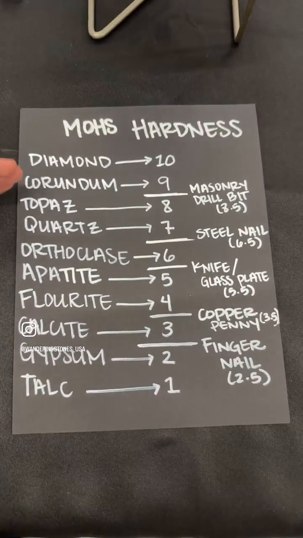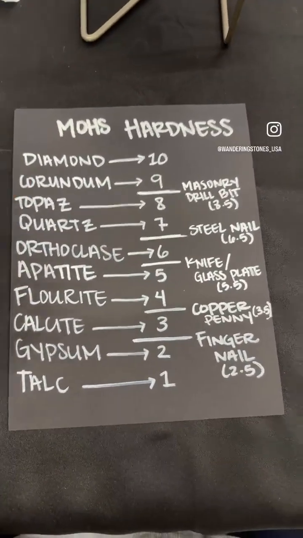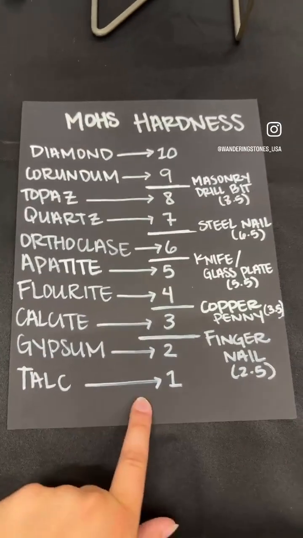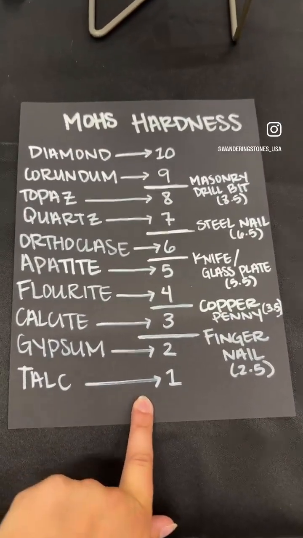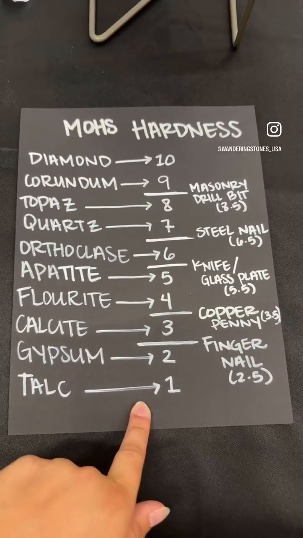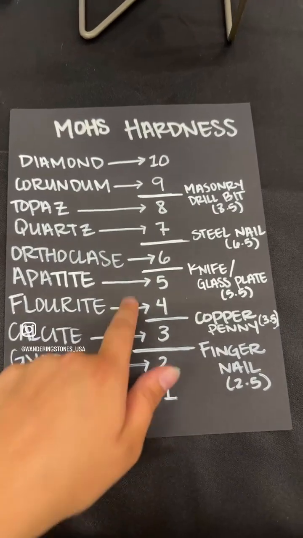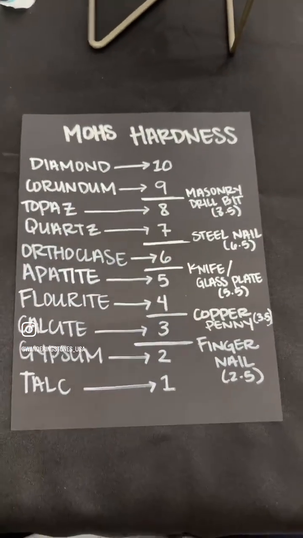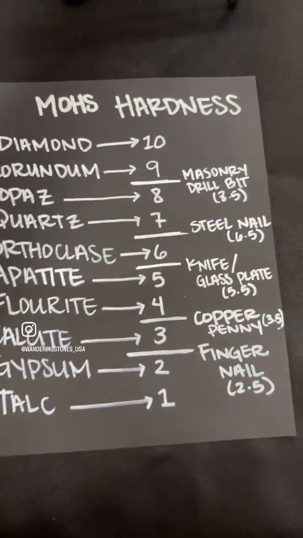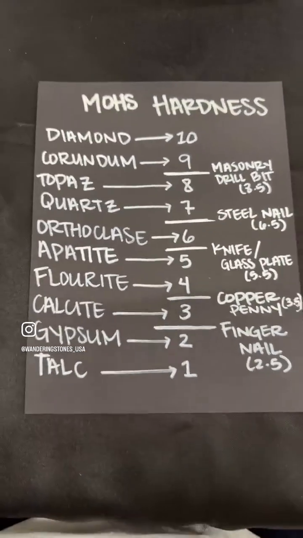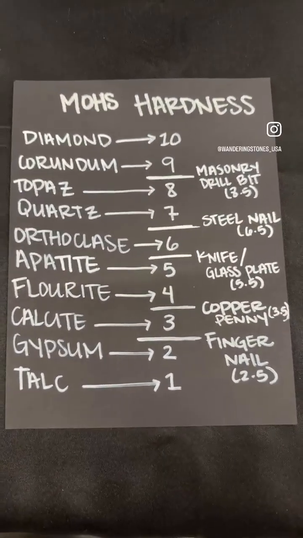A fun fact about Mohs hardness is that it's actually a logarithmic scale, which means it increases tenfold with every single level. If you're familiar with seismographs or earthquakes, the Richter scale is similar.